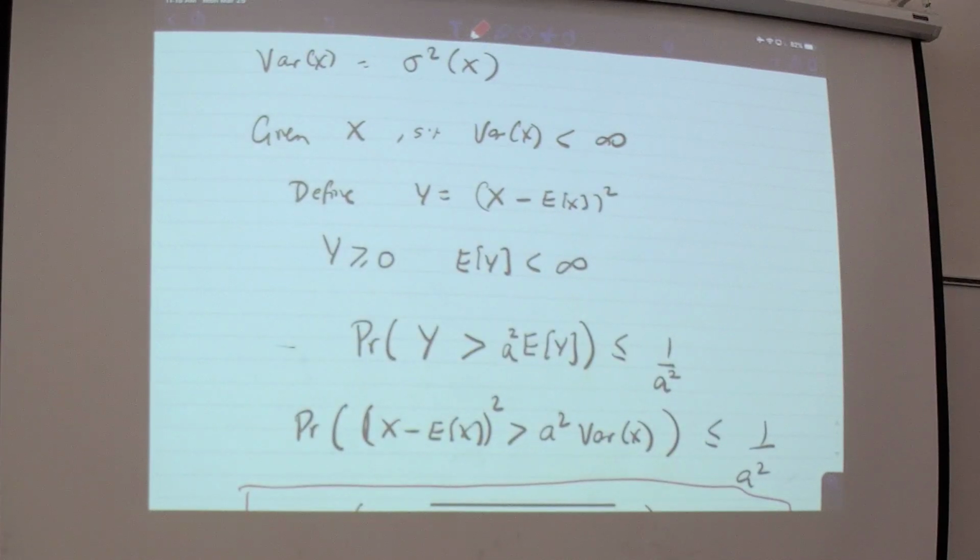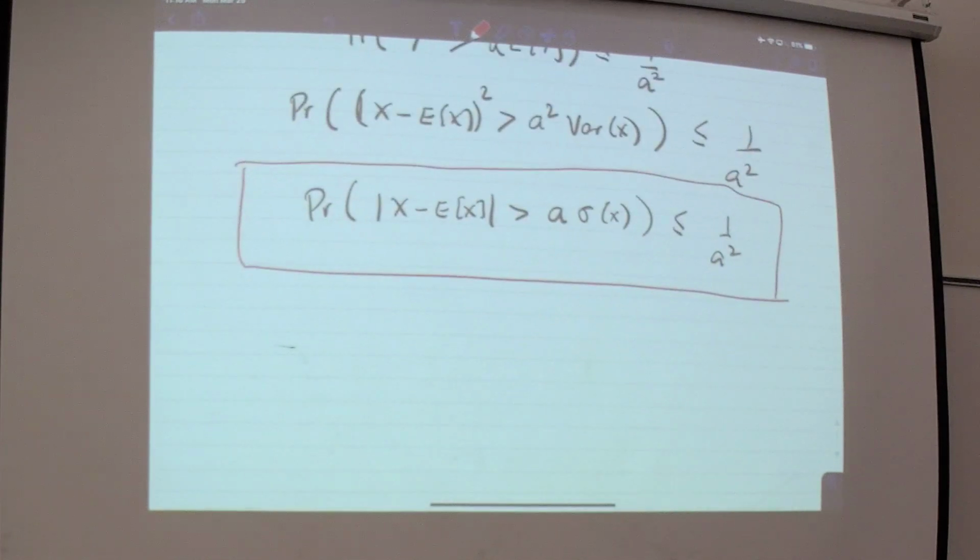Recall that I applied the Markov inequality to this auxiliary random variable y. The condition for the Markov inequality is that the variable should be non-negative, and its mean should be bounded. But the mean of y is the variance of x. And that's it. Okay. Alright.